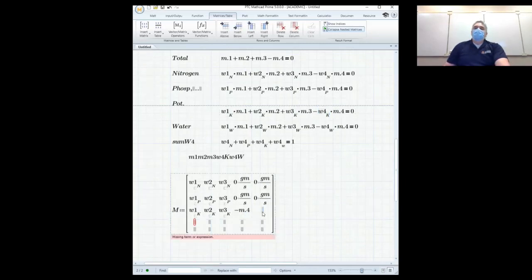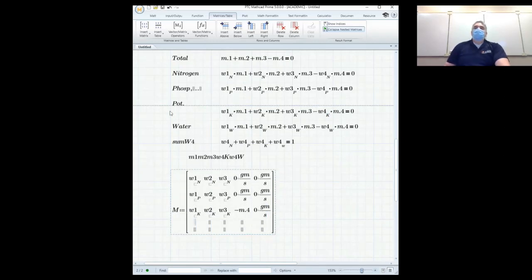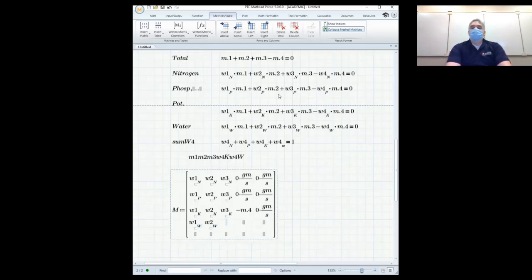W4K. Then, is there anything multiplying W4W? No, not in the potassium line. So that's 0 grams per second. Now, what about the water line? W1W, the capital W I made it, and then W2W, W3W, and then here in the water one, there's no potassium term, so this is 0 grams per second.